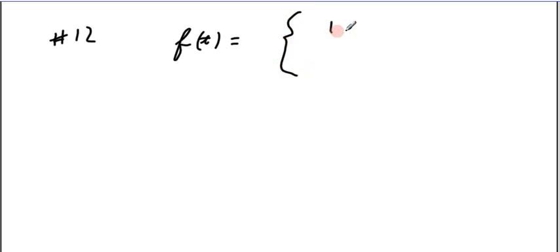All right, number 12. I have f of t is equal to 1 when I'm between 1 and 4, and equals 0 when t is greater than 4.